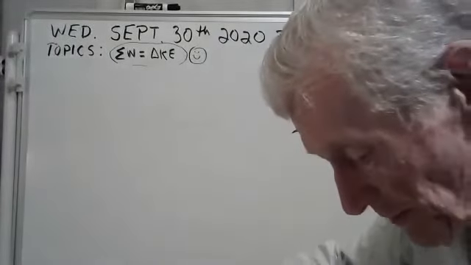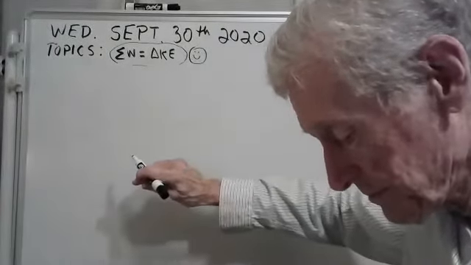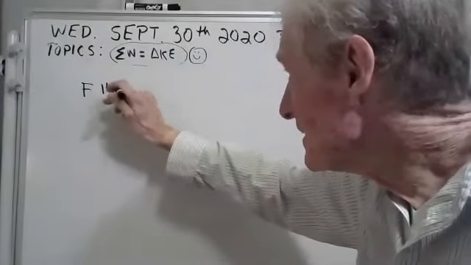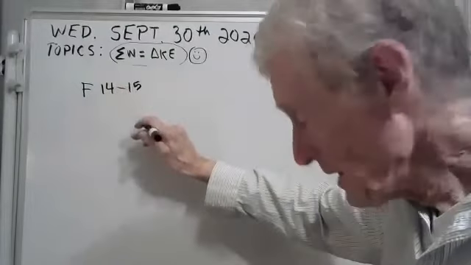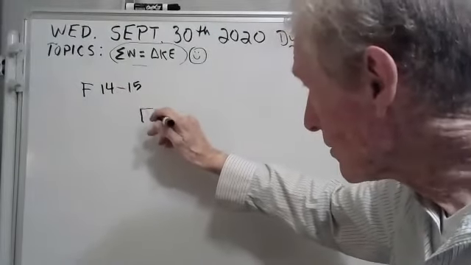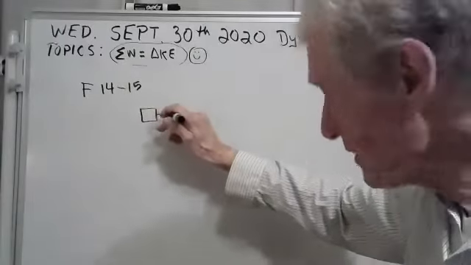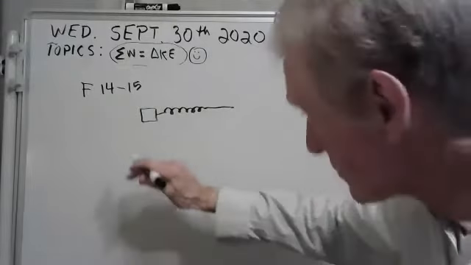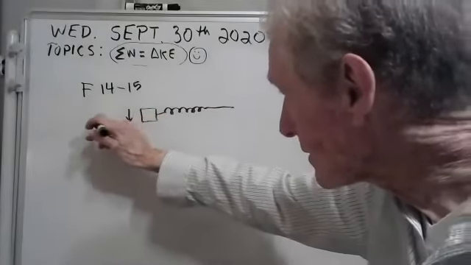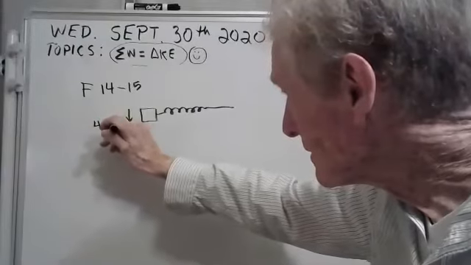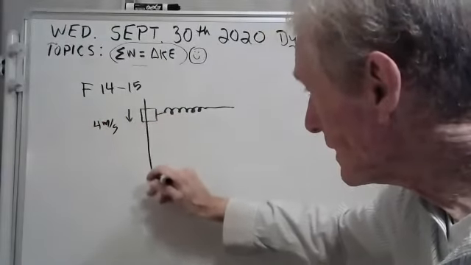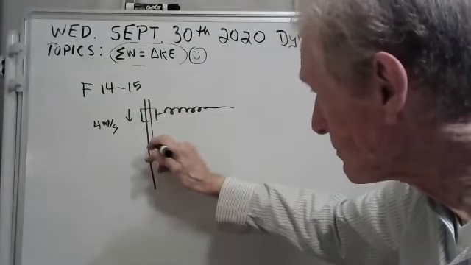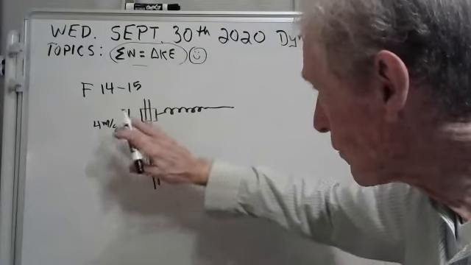Now, this is problem F14-15, and we might have time to do it. It's a collar with a spring attached to it, and the collar is moving 4 meters a second. Now, I think what they had in mind was to have no friction.